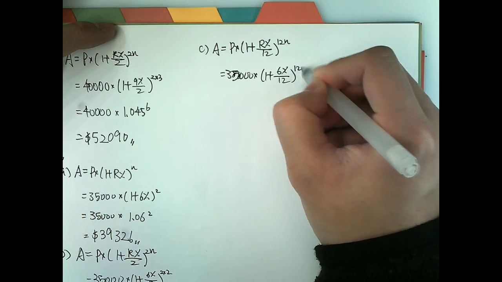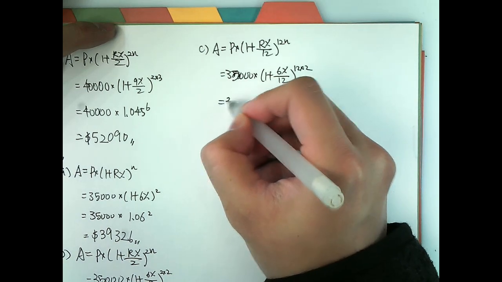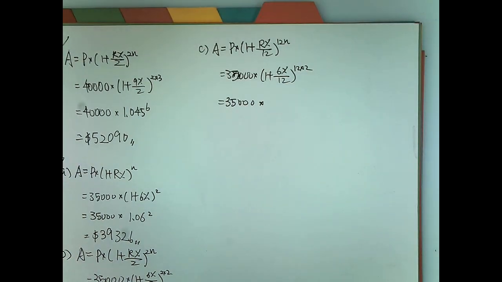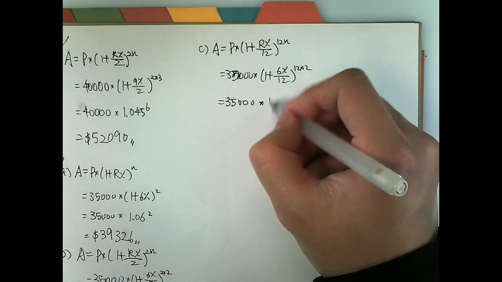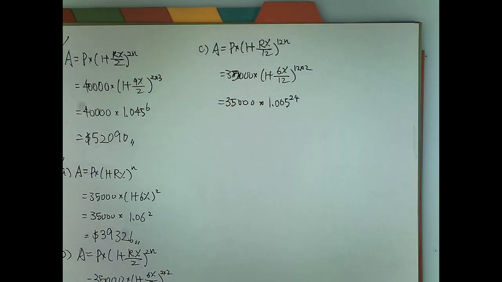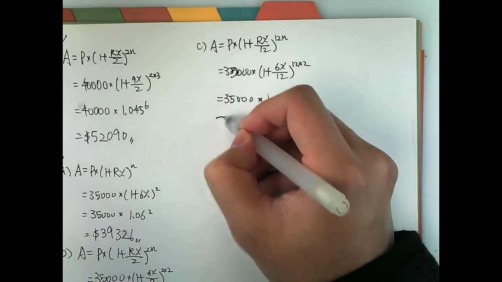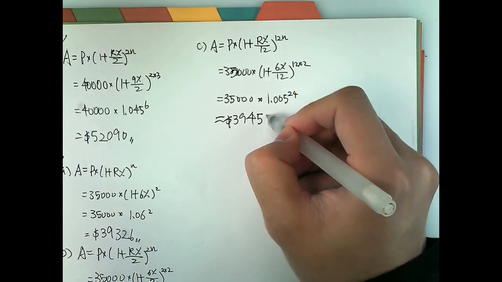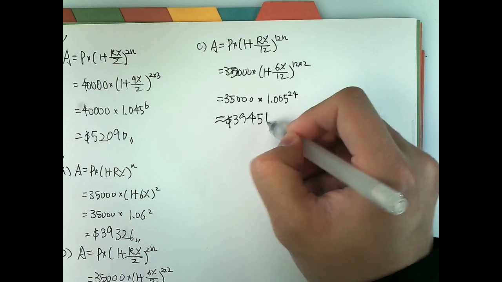Here is 12 times 2. Be very careful of this. 6% divided by 12 plus 1 should be 1.005 to the power 24, and then times 35,000, 39,451.